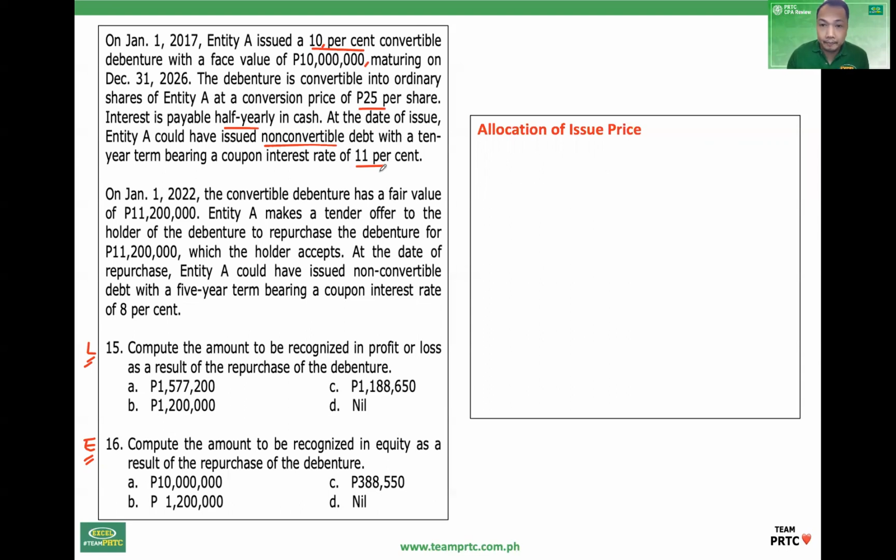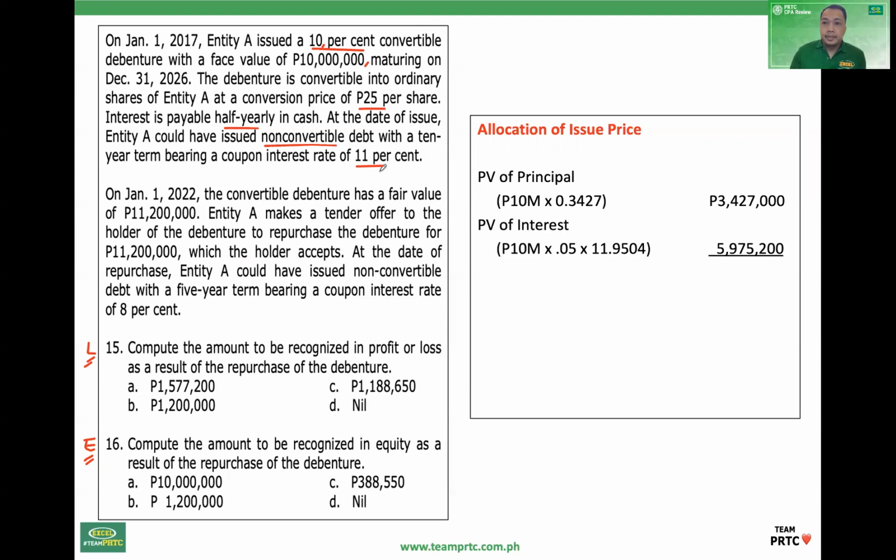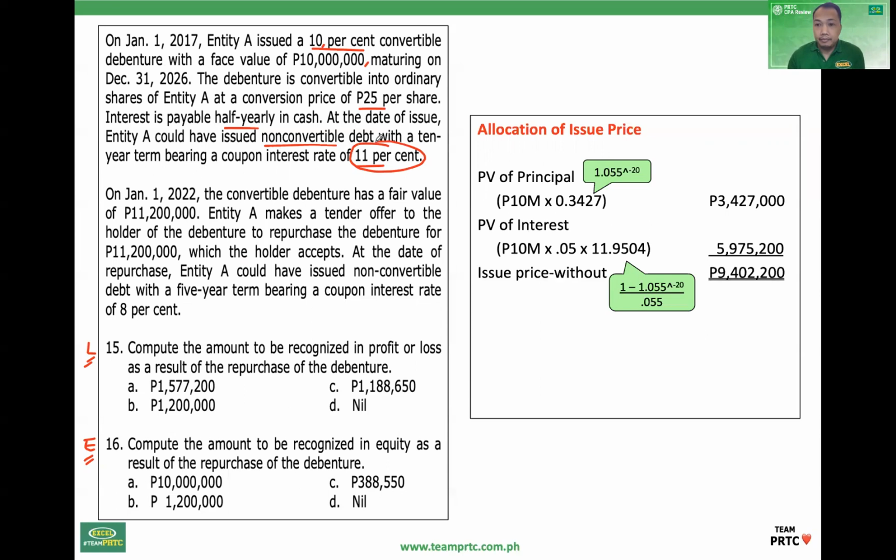So principal, interest, discounted at 5.5%. That's the prevailing rate, semi-annual. So 11 divided by 2, so 5.5%, 20 periods. So if the bonds are not convertible, ang issue price lang yan, that amount. So clearly, may value yung option. So dahil nilagyan ng option, magbabayad ang entity ng mas mababang interest.